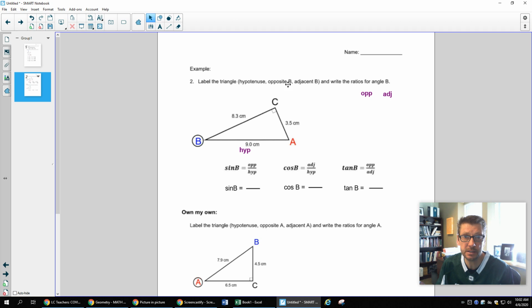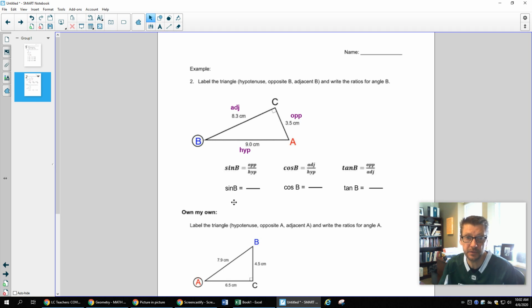What side is opposite of B? Because I circled B, I'm going to go to the opposite side of B. So my opposite side of B is 3.5. And again, because there's only three sides to a triangle, if I've labeled the hypotenuse and the opposite already, by default, the last side is the side adjacent. So 8.3 is the side that's adjacent to B.